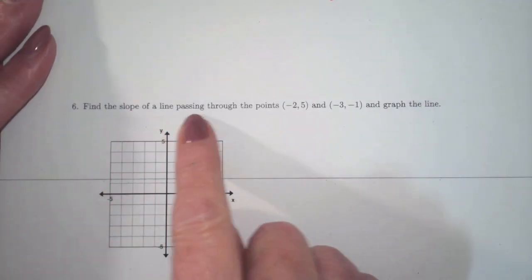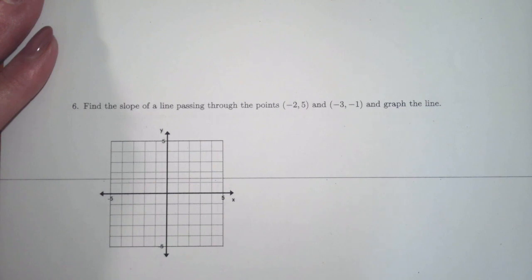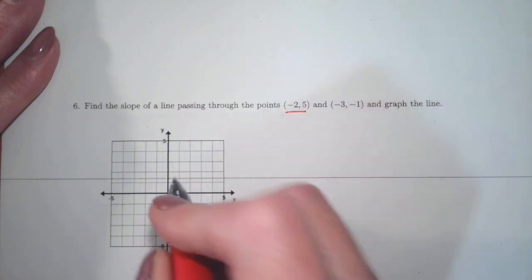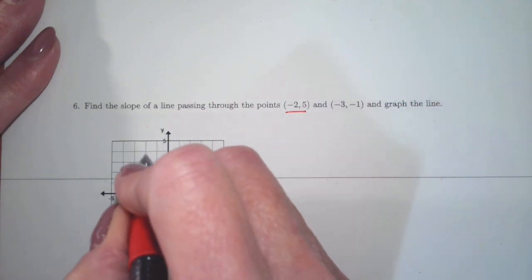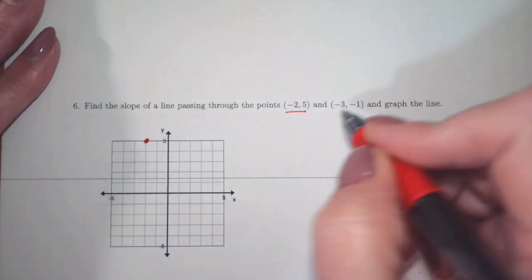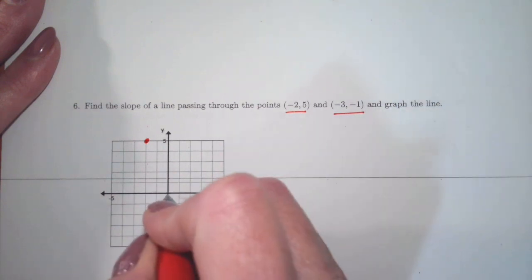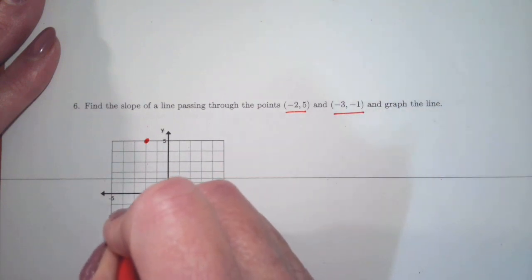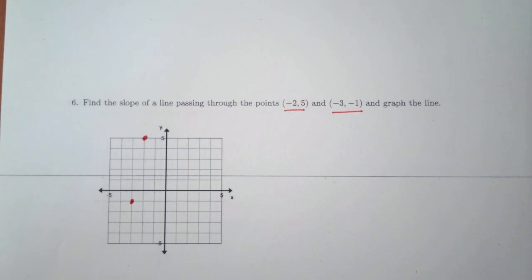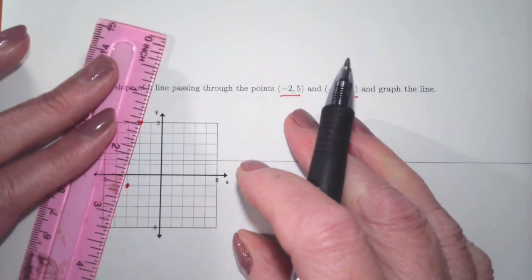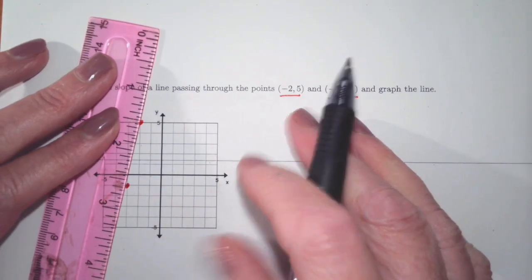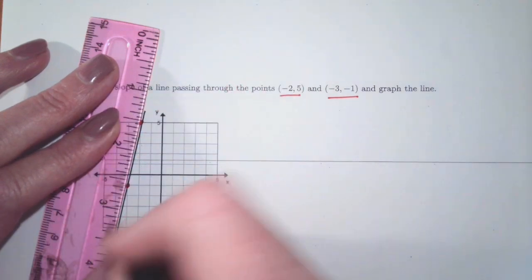Okay, so we want to find the slope of the line passing through the points -2, 5, and -3, -1. So let's look at this and see if I can find the slope, and then I'll confirm it using the slope formula.